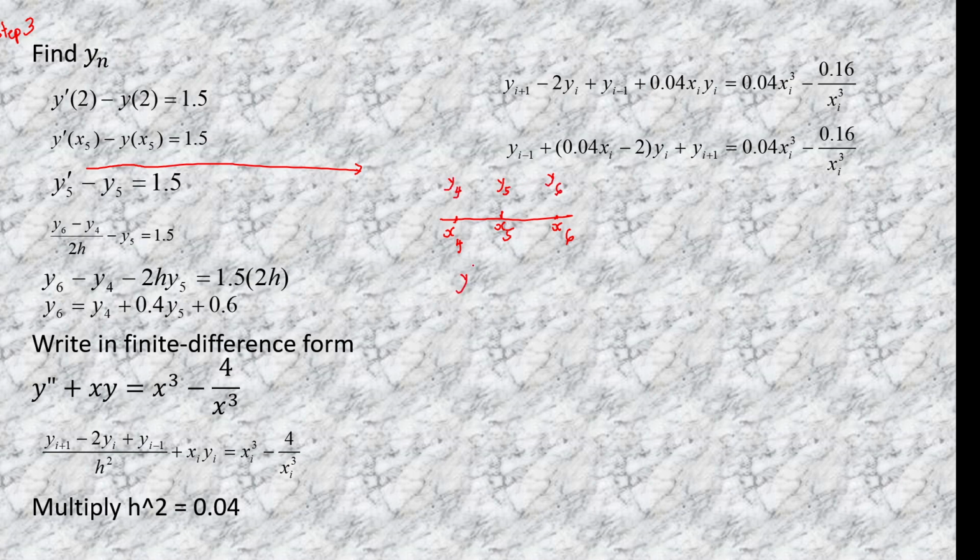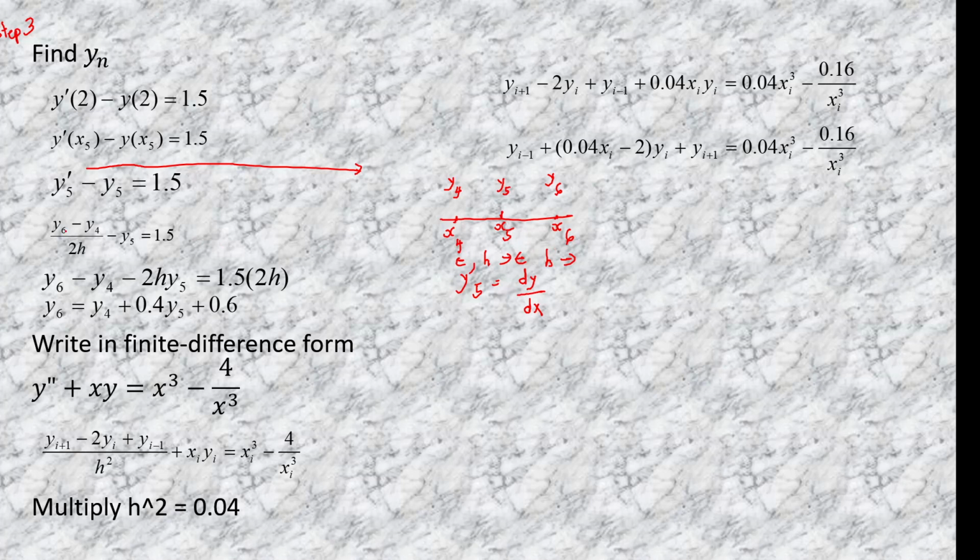So the y prime 5 is like your difference of y divided by difference of x, but using 3-point central. So that's why it will be y number 6 deduct y number 4 here. So x4 to x5 is 1h, x5 to x6 is another h, so the total length is 2h.